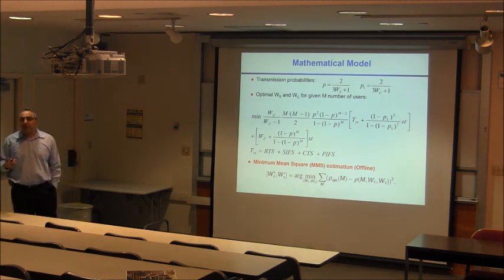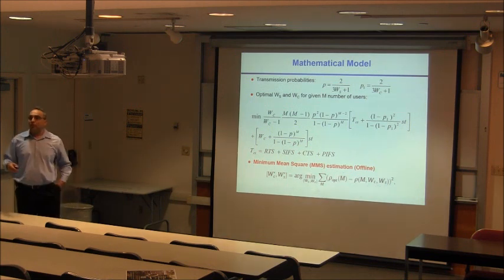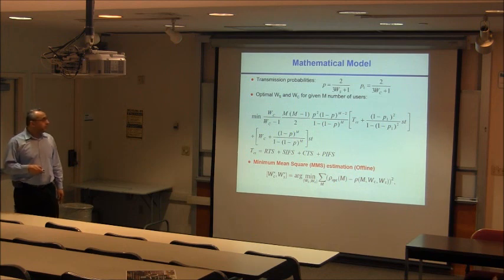But there are cases where you cannot predict or estimate the number of users. In those cases, we use a minimum mean square error estimation, assuming that you roughly know how many users are in the system, maybe 10 to 100. Then you find the pair that overall provides the best solution for any given number of users. Okay?